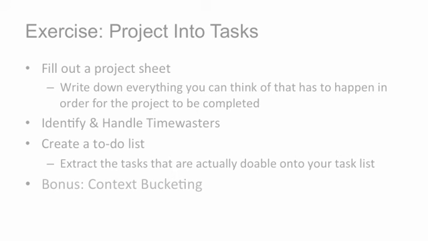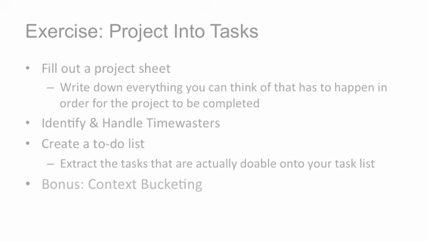Let's say that I wanted to plant a container garden. I would have tasks on it like plant seedlings, buy containers, buy potting soil. But I couldn't plant seedlings until I had bought the potting soil and the containers. So on my to-do list would only go things I can actually do at the current moment.